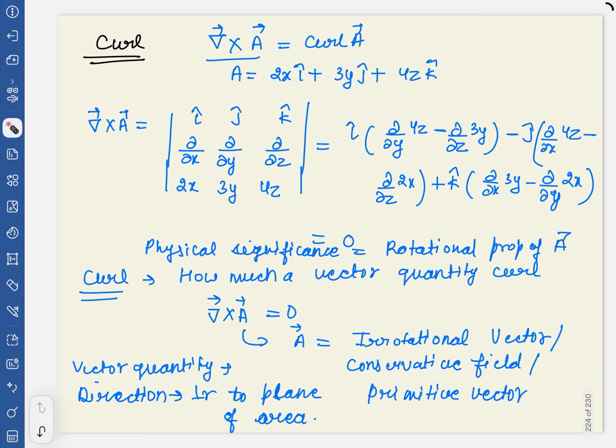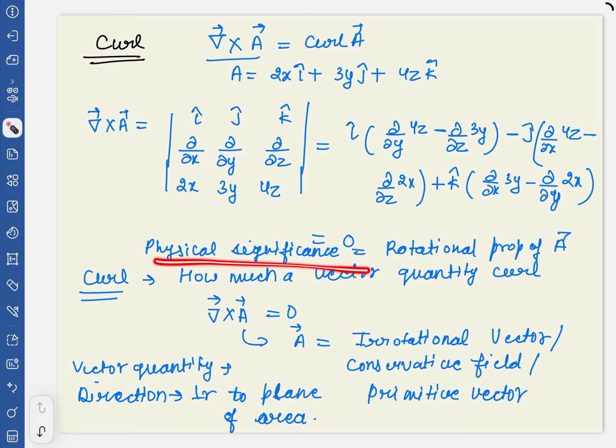And if we operate del on any vector function via cross product, we will get the curl of A. Suppose we have the example 2xi plus 3j cap plus 4zk cap. We will find it by the determinant method.